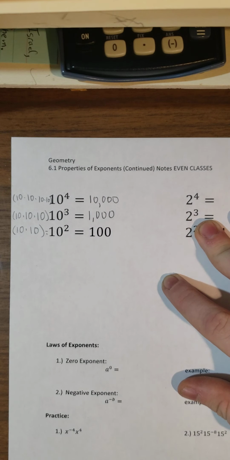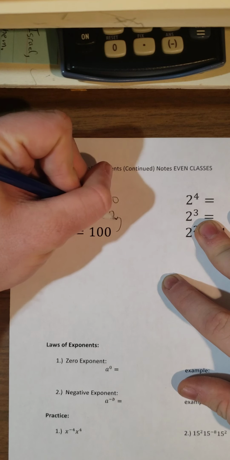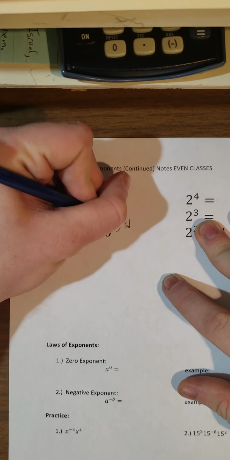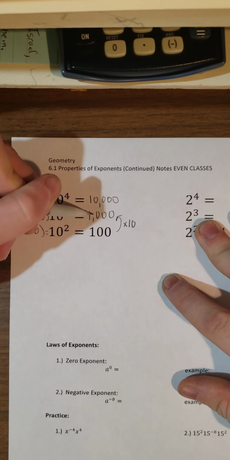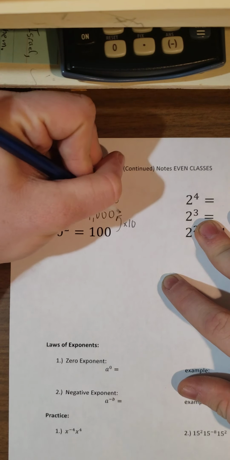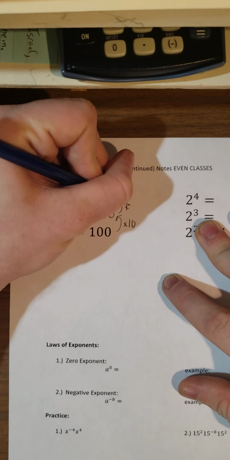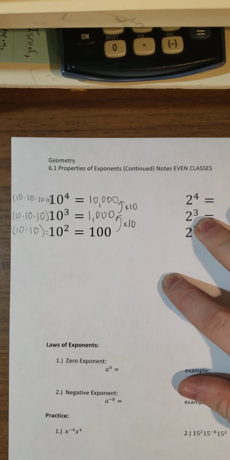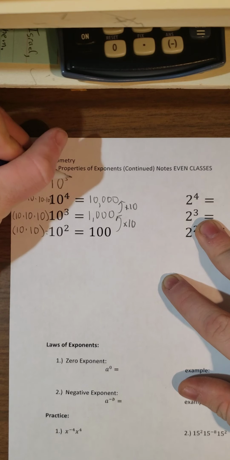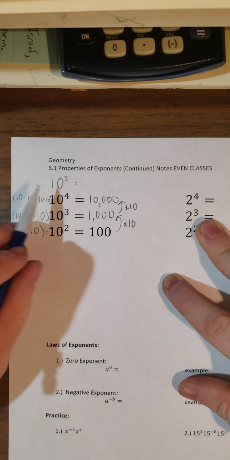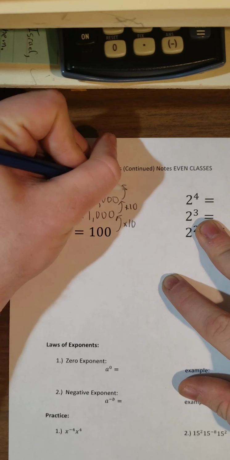And so in essence, each time we add 1 to this exponent here, we're going to be multiplying our previous number by 10. So we go 100 times 10, that's 1,000. 1,000 times 10 is 10,000. So if I did 10 to the 5th power, without expanding this, I should be able to tell that this is going to be 10,000 times 10.